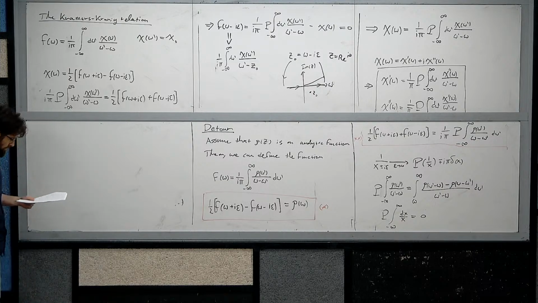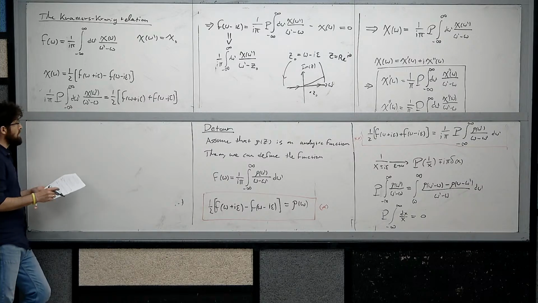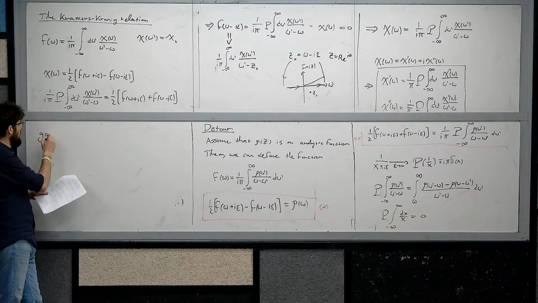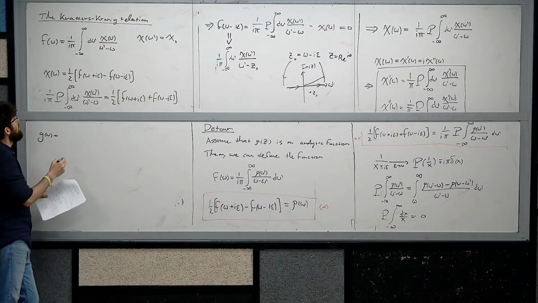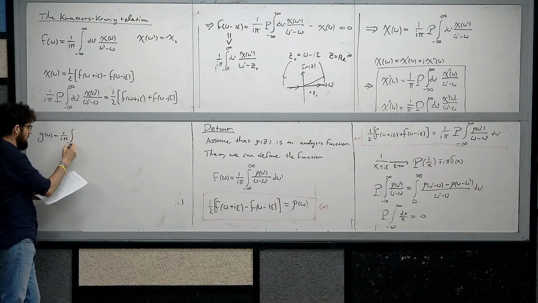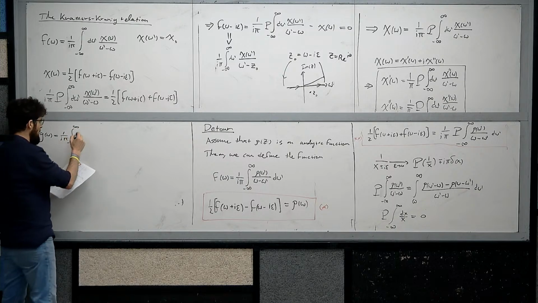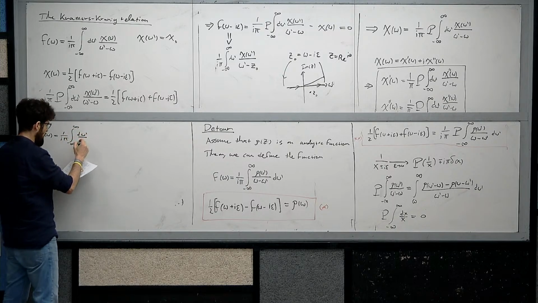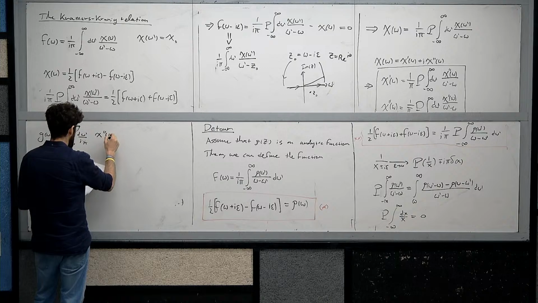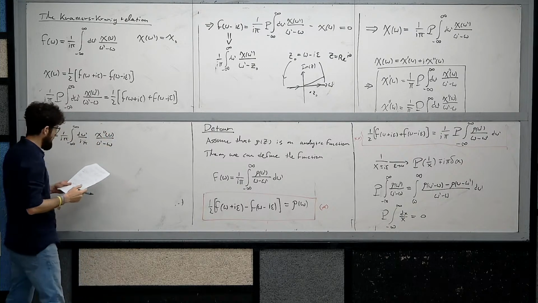Let me define a function similar to this f, which I will call g of omega, which is going to be 1 over i pi, the integral from minus infinity to infinity, d omega prime over i pi, chi double prime of omega divided by omega prime minus omega.